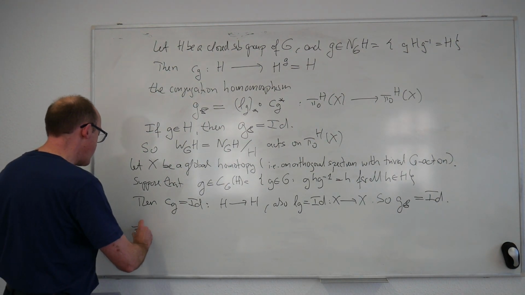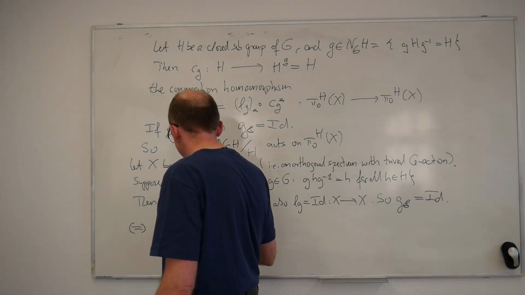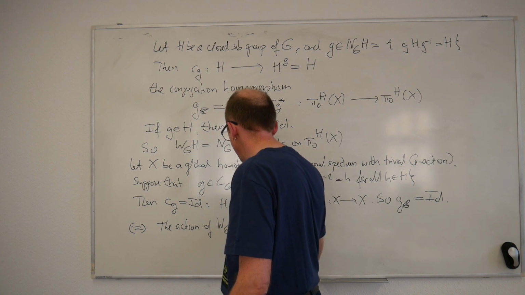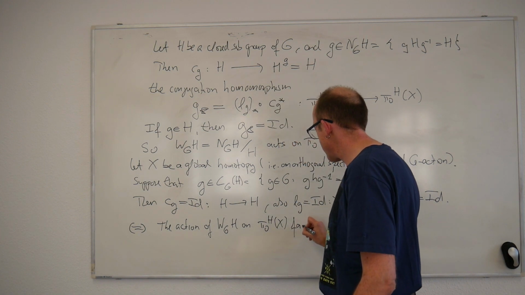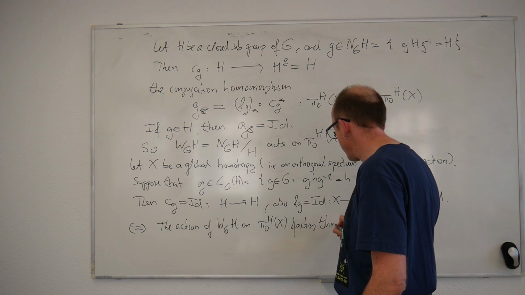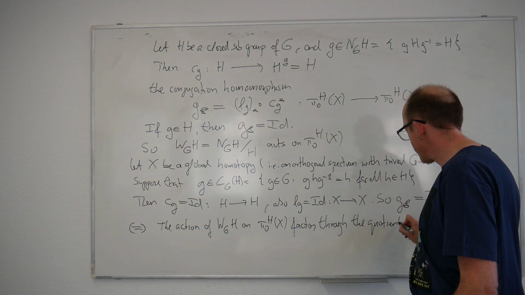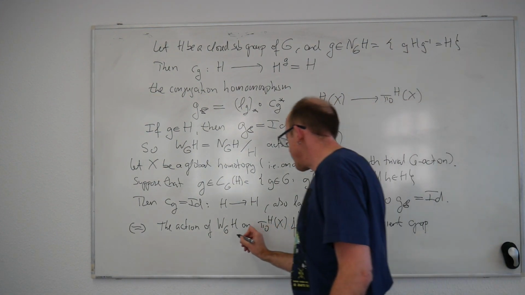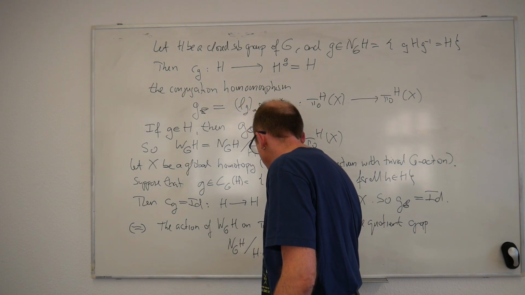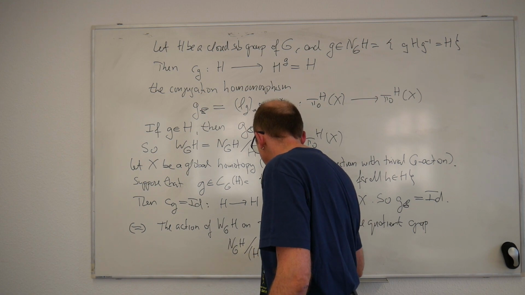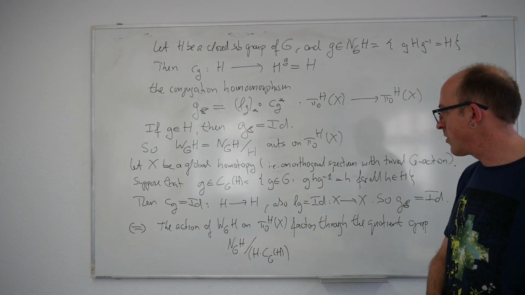So equivalently, you could say that the action of the Weyl group W_G H on pi_0 H-equivariant of X factors through the quotient group where you take the normalizer of H and you divide out not just H but also the centralizer of H in G. So this is also a normal subgroup that you can divide out. And so there are further relations that happen in the global homotopy type.